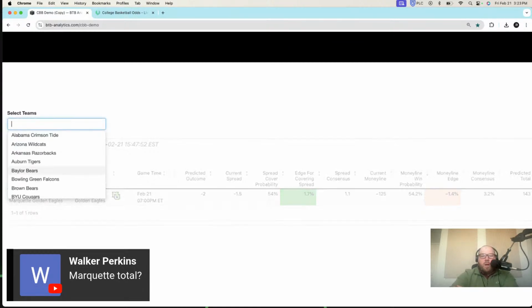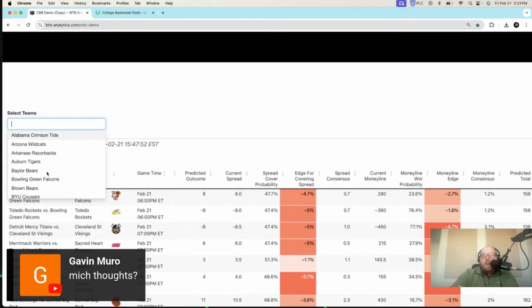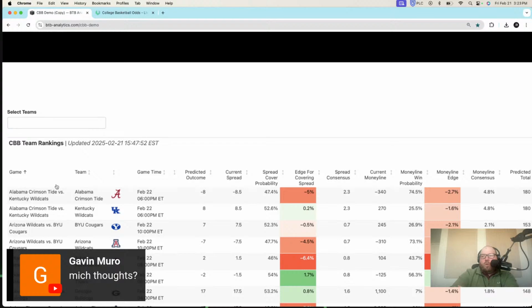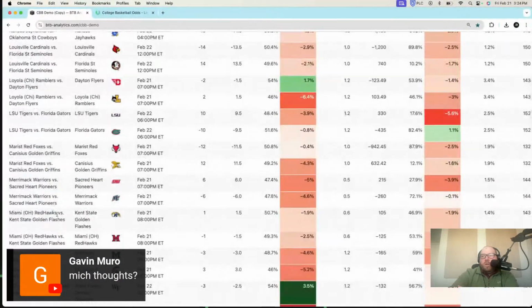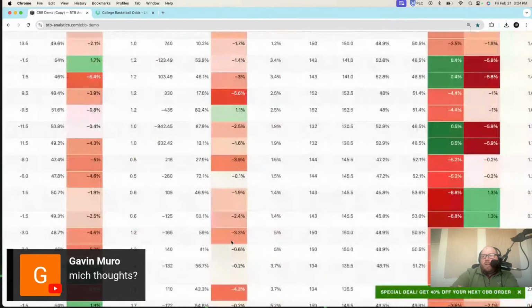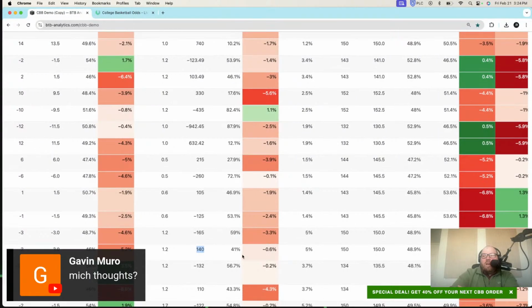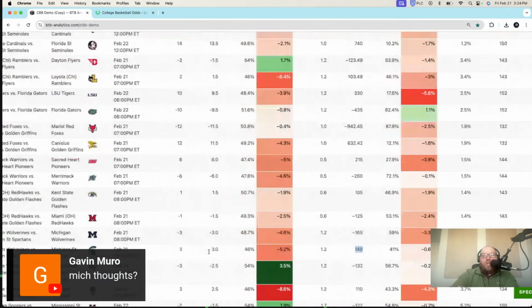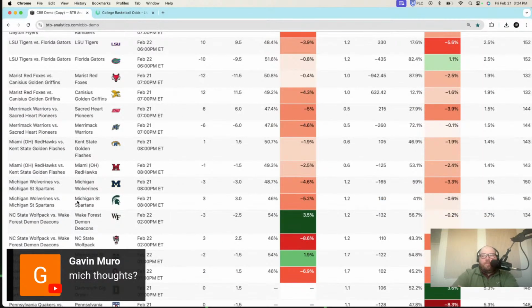Michigan thoughts. Michigan plays Michigan State tonight, I believe, or is it tonight or tomorrow? Let's take a look. I think it's tonight. Yeah, Michigan State tonight, 8 p.m. This market is pretty well priced. If there is a bet, maybe if you can get a +150 from Michigan State money line, you can see that here.